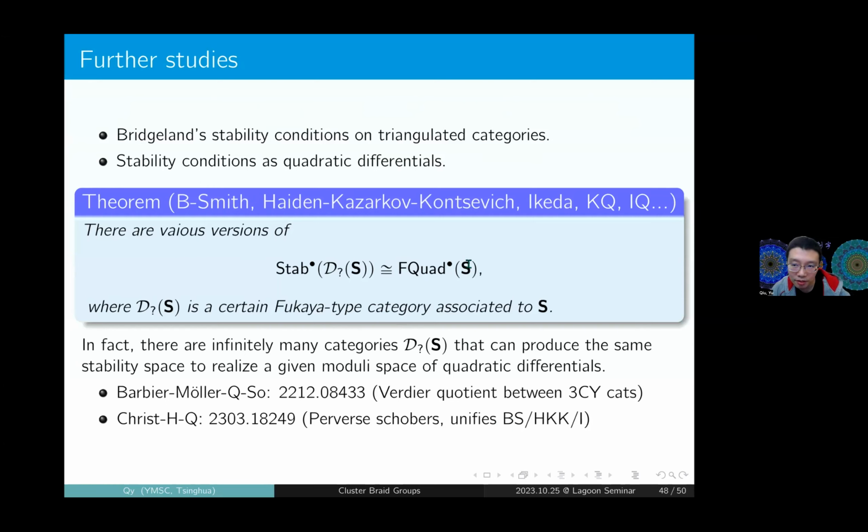And one interesting thing is that if you give me a quadratic differential moduli space, we can construct an infinite number of categories with the same space of stability conditions, using either this approach of vertical quotient or by constructing new categories. But I do not have more time to say about that.